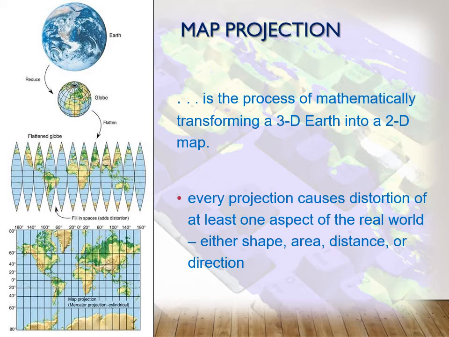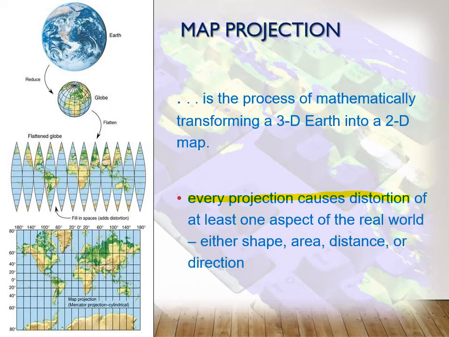So when you represent something that's 3 dimensions using a 2-dimensional object, you're going to have distortions. Every projection causes distortions, and the level of distortion can be minimized or moved around or applied to a map property compared to another map property.